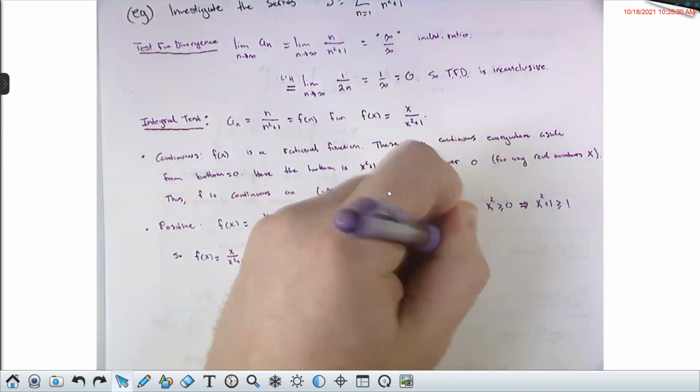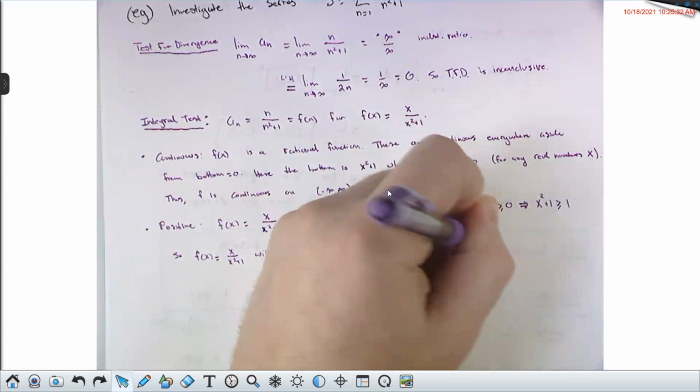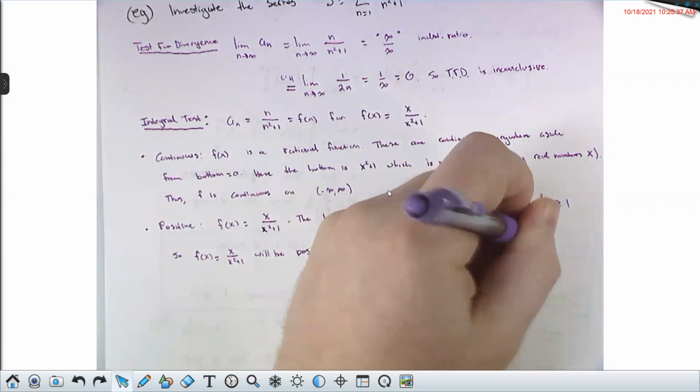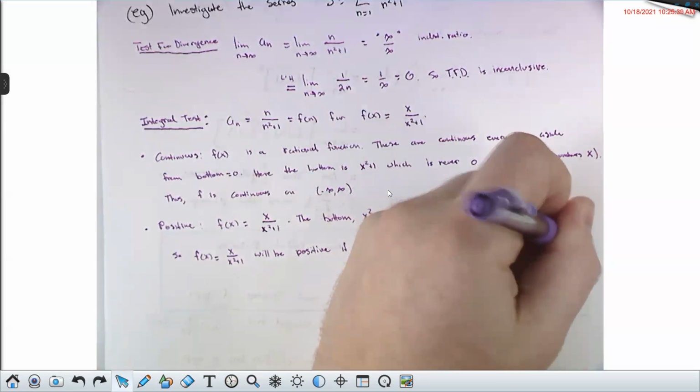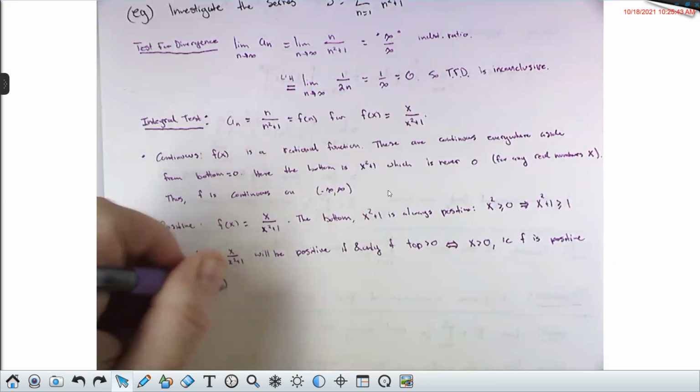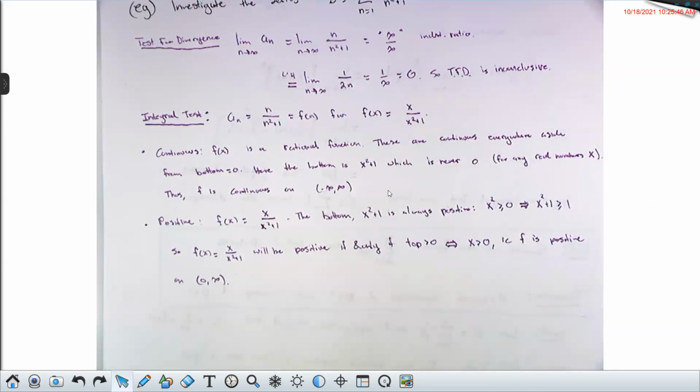And since the top here is just x, that means if and only if x is greater than 0, i.e. f is positive on the interval 0 to infinity.